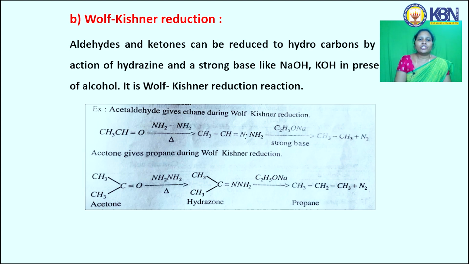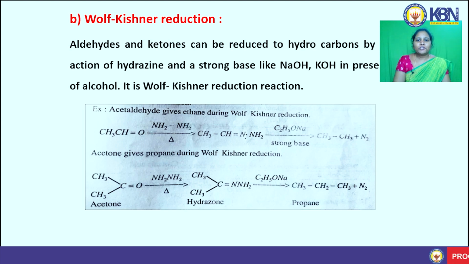The second reduction reaction is the Wolff-Kishner reduction. Reduction is common for all of these, and reduction means addition of hydrogens. In Wolff-Kishner reduction, aldehydes and ketones are reduced to the corresponding alkanes in presence of hydrazine and strong bases like sodium hydroxide and potassium hydroxide.